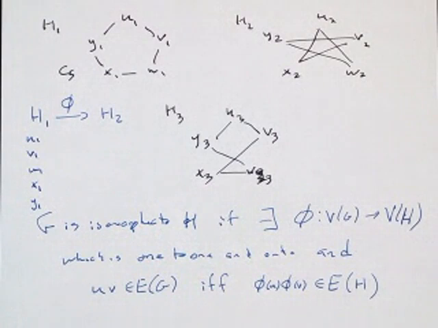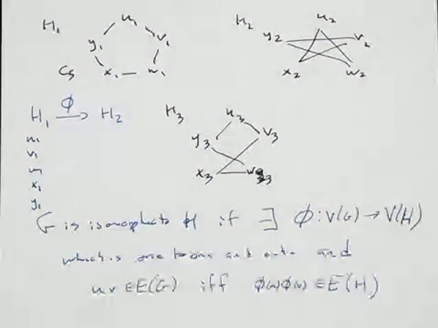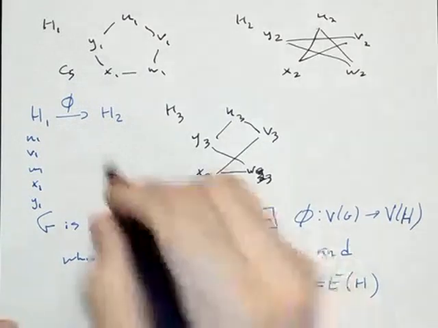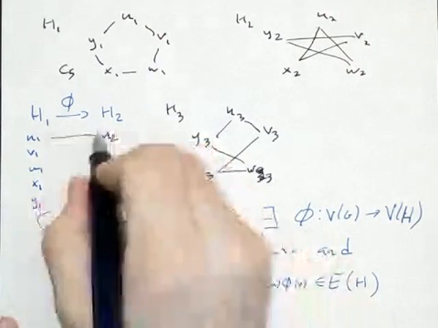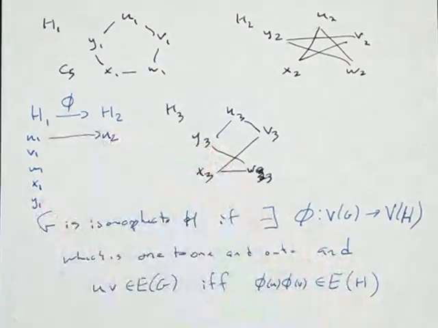What is the image of U1? Where does it go? If I'm on U2, then the things that are adjacent to U1 need to become the things that are adjacent to U2.